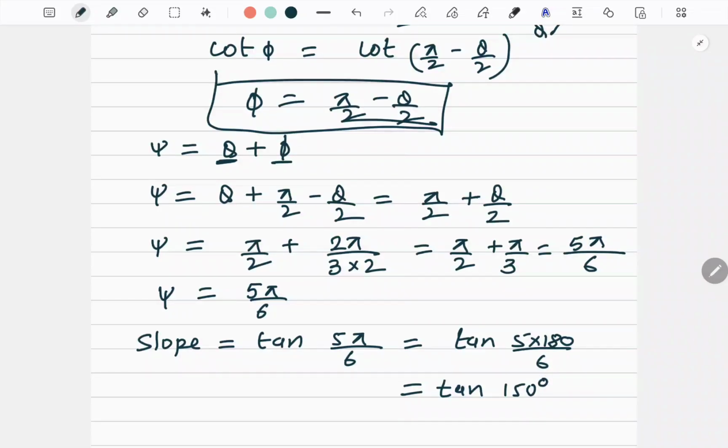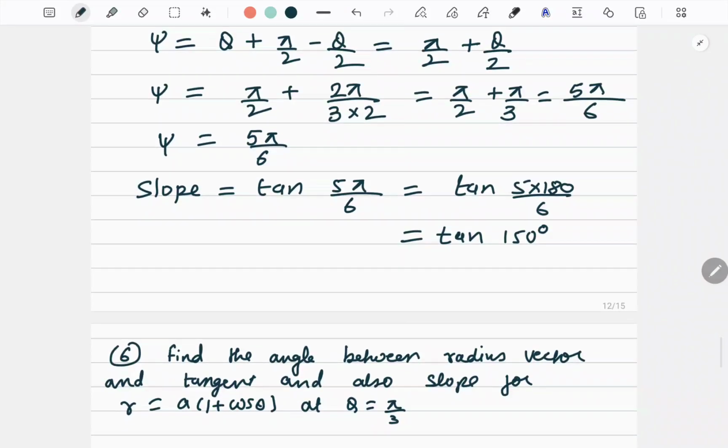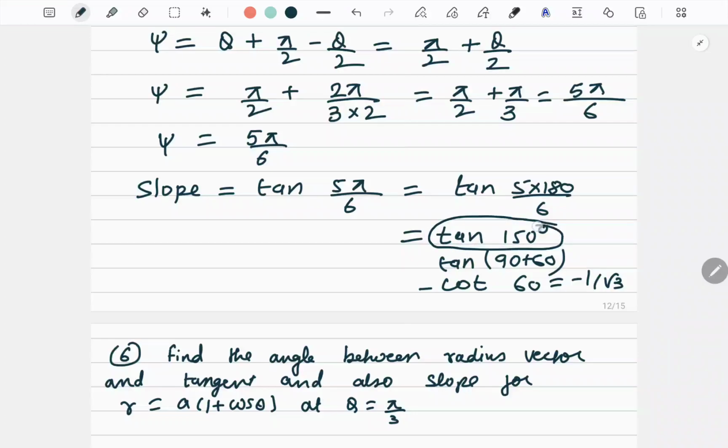So now you have a calculator, calculate tan of 150 degree. If you don't want to, you can always write tan of 90 plus 60. Now tan of 90 plus 60 is what? Cot of 60 with a negative sign, right? Because you will go to the other quadrant. So this will become minus 1 by root 3. Correct?